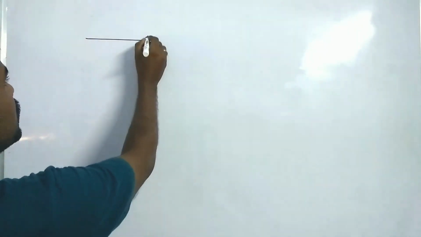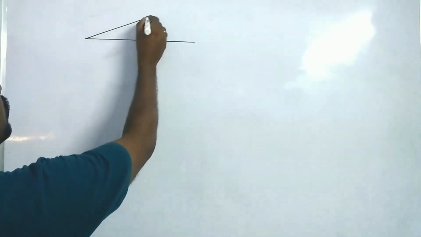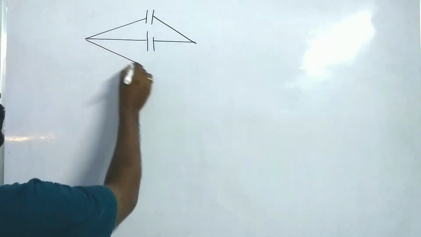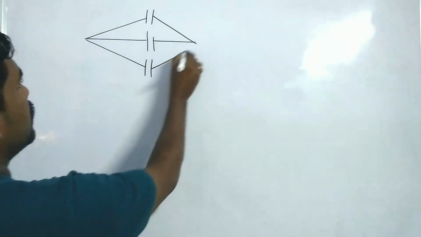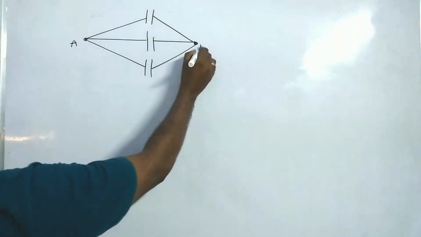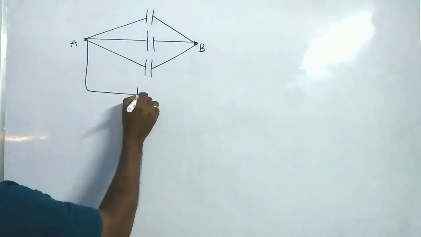Here there is a capacitor and one more capacitor, and another capacitor. So here this is point A and point B. There is a battery connected here.